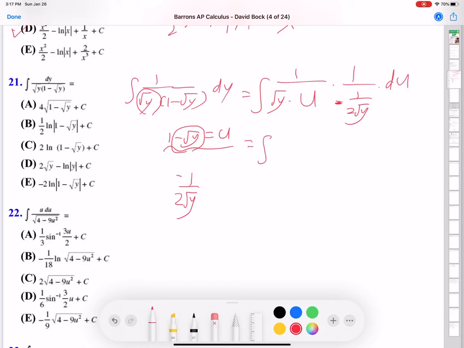So it is 1/√y times 1/u times negative 2 root y, and then this crosses out. du, negative 2 is the coefficient. What's left is the integral of 1/u, which is ln absolute value of u. And what was the u part? 1 minus √y plus c. Negative 2 ln absolute value of 1 minus √y. E is the answer.